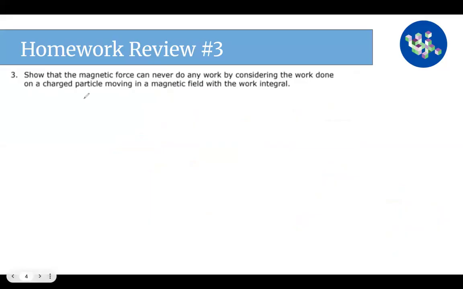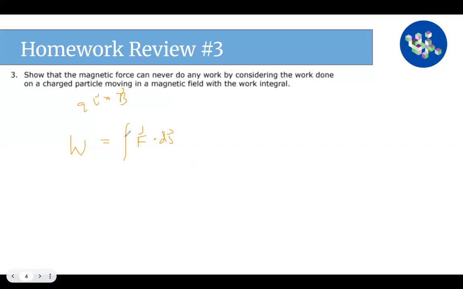Remember, the magnetic force is q v cross B. Now, what is work? The definition of work is I have an integral over the path of some particle, and it will be the dot product between the force vector and the infinitesimal length segment on which the particle is moving.